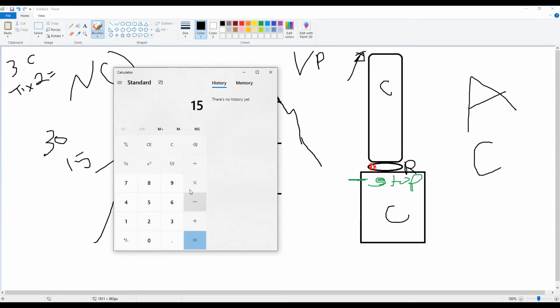You saved 15 ticks times 2, that is 30 ticks, times 5 days a week, that's 150 ticks, times 52 weeks, that is 7,800 ticks. Let's say you're trading with $5 a tick, times 5, $39,000 in saving, just from this fact, just because you know your stop loss ahead of time.